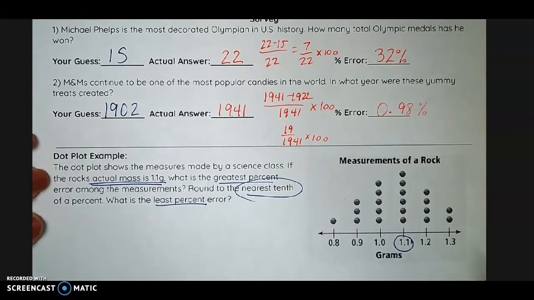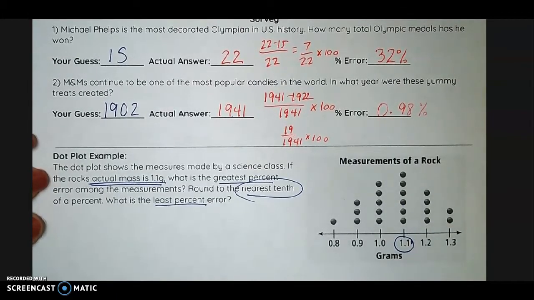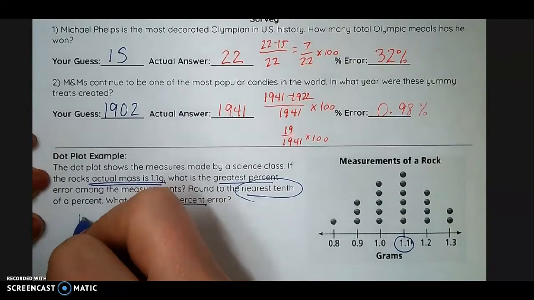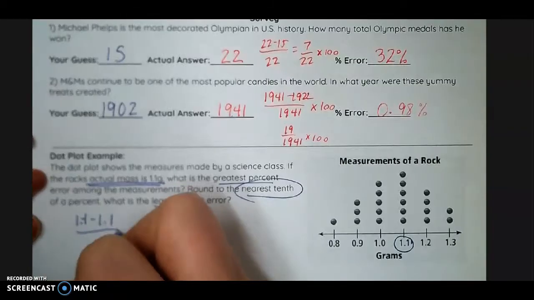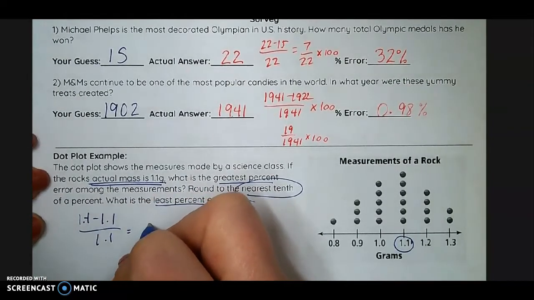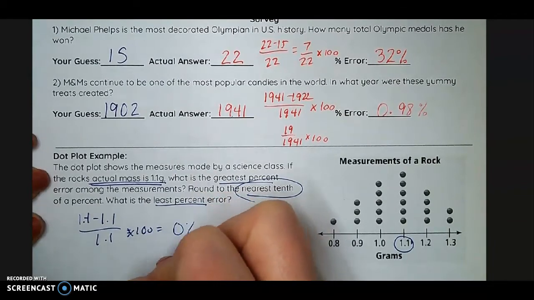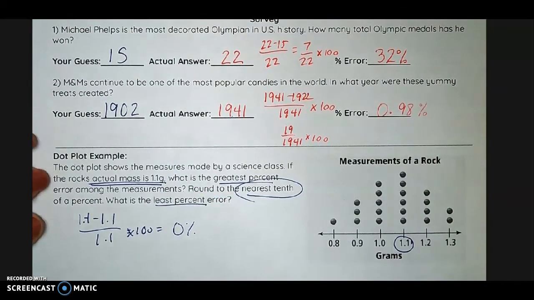So if 1.1 is my accepted value, well, there are some kids that actually got a 1.1. So if they get the actual amount, if I were to do that work, I'm going to get a percent error of 0%. So my least there is 0% because they actually got the right answer.